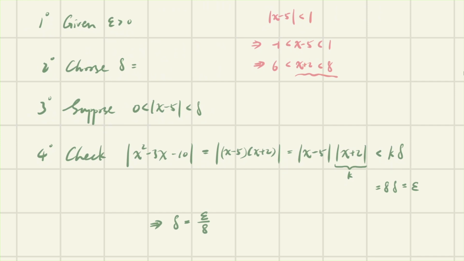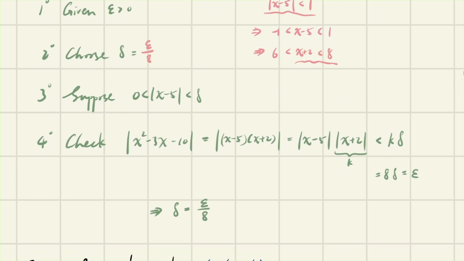Even if delta is 0.0001, the inequality is still satisfied, because if the absolute value of x minus 5 is 0.00001, it still satisfies being smaller than 1. It doesn't matter. So we can set whatever we want here, just not too big, say 1. So in this case we have delta equals epsilon over 8.